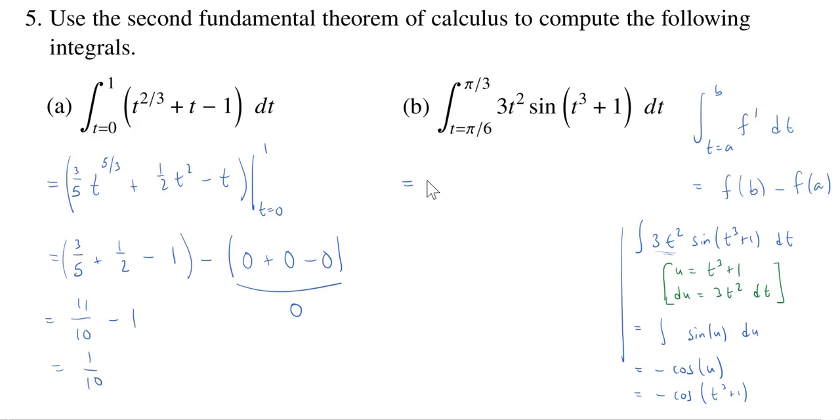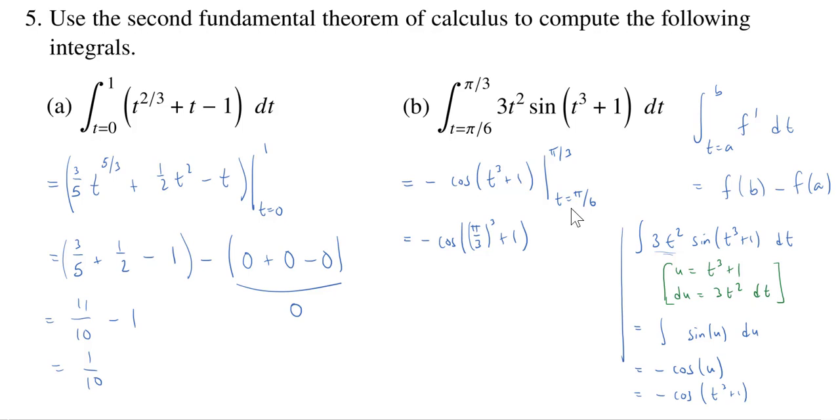So this is going to be negative cosine of t cubed plus 1, and then we need to evaluate between pi over 6 and pi over 3. It's just going to be horrendous, but we can write it down. Negative cosine of pi over 3 cubed plus 1.